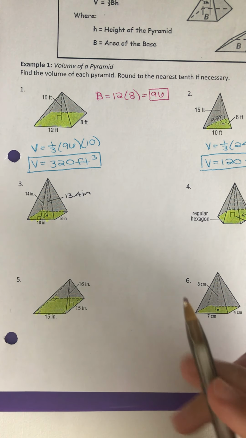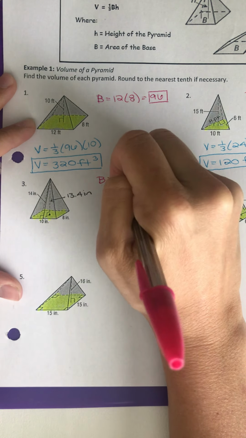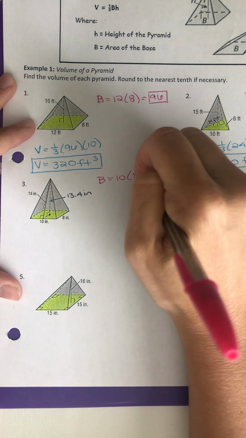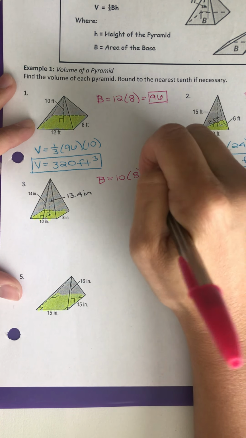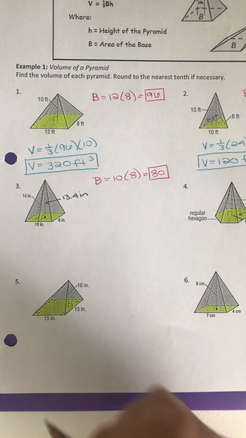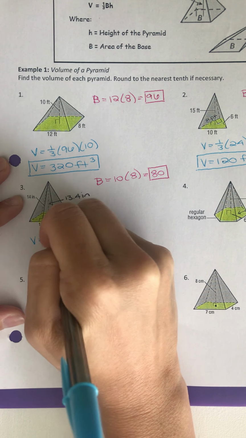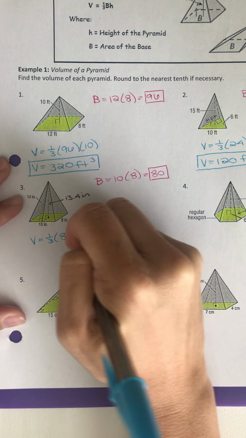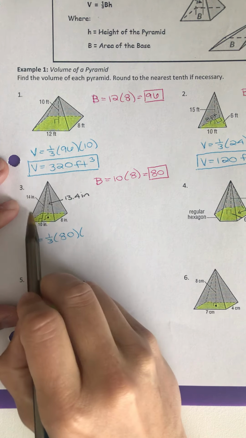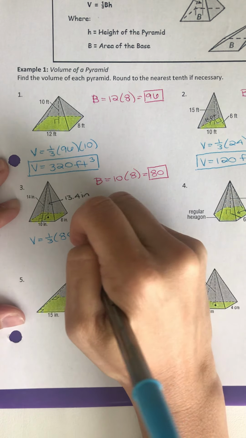The next one is another rectangle. So it's 10 times 8, which is 80. My volume is 1/3 of 80 times my height. They give you your slanted height of 14. I drew in that your height is 13.4.